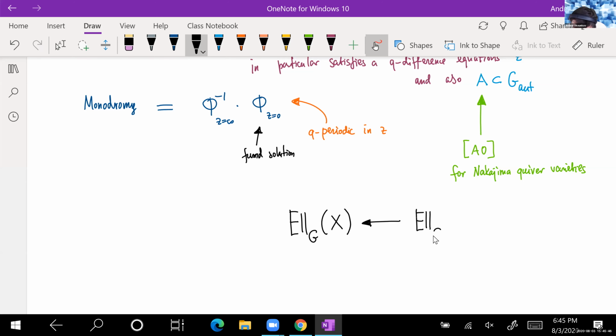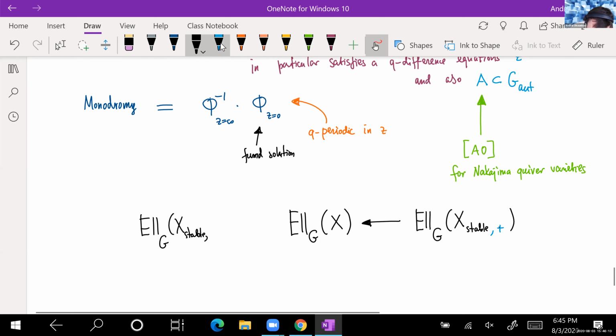We assume there's no strictly semi-stable point, and maybe one choice, stable plus. This is the analog of z equals 0, z equals infinity, and there is another choice, stable minus.